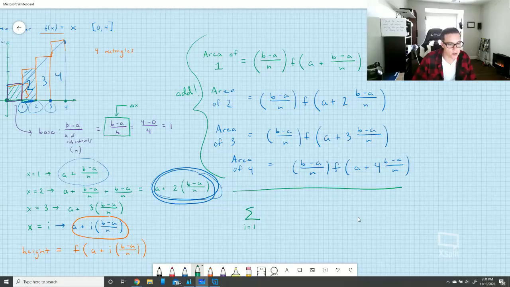But if I wanted to use more, I could very easily change that 4 to something else. Of (b minus a) over n times f of a plus I times, that's the thing that's going to continue to iterate as you plug in different values, (b minus a) over n.